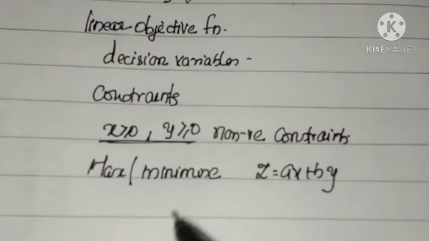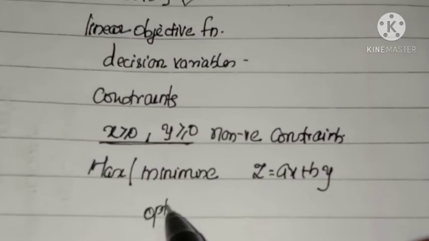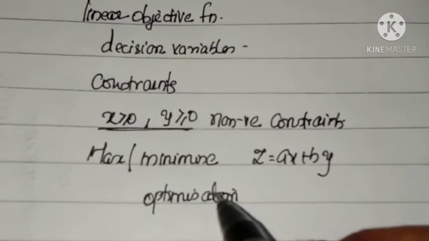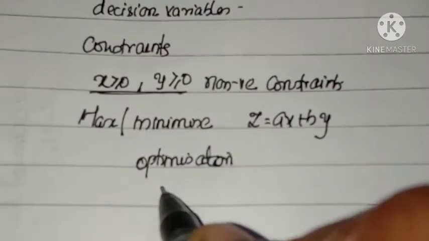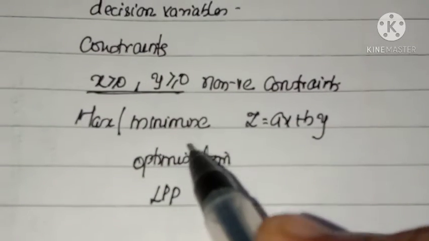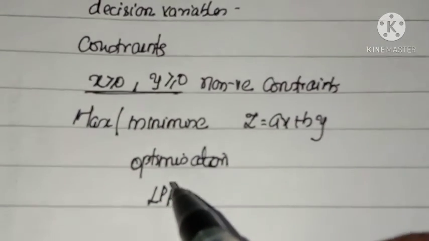So such type of problems are known as optimization problems. Okay, optimization problems. And I already told you linear programming problems are a special type of these optimization problems.